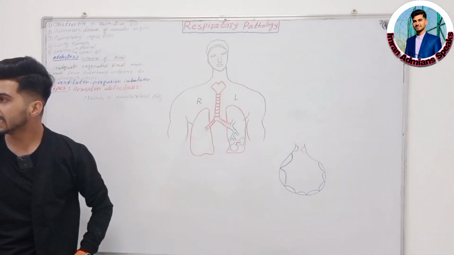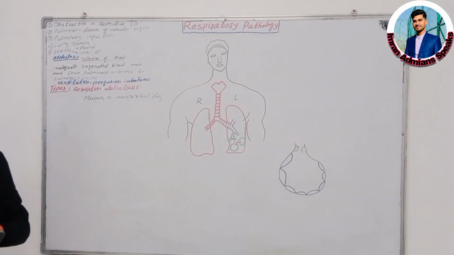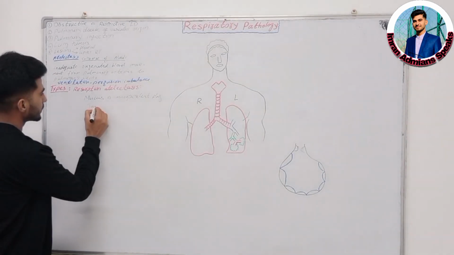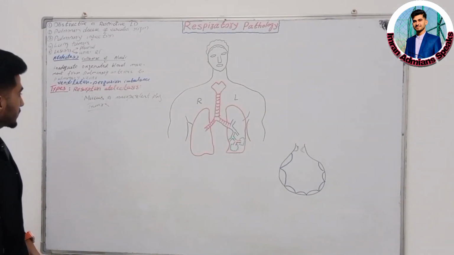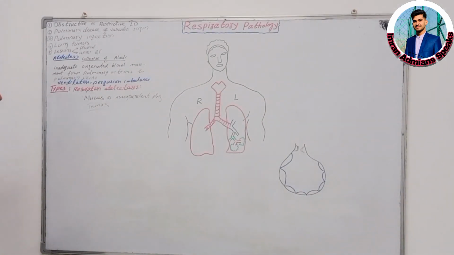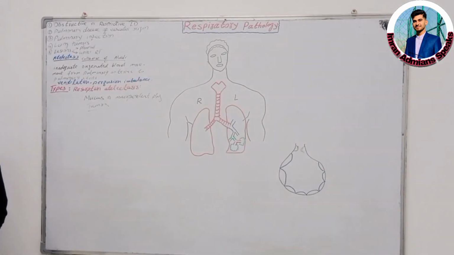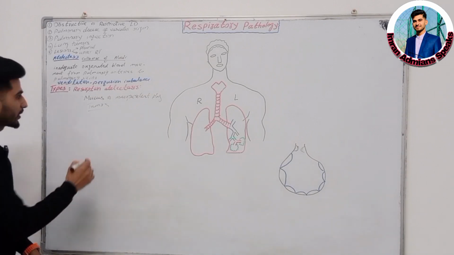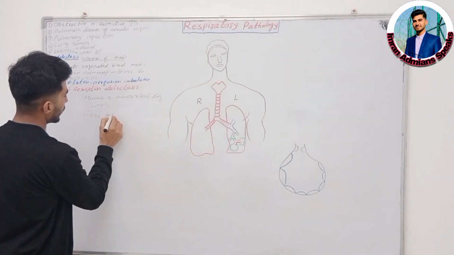And during what condition does this happen? During mucus or mucopurulent plug formation, or maybe any tumor formation in the alveoli. And we will discuss in which disease the mucopurulent plug is formed: chronic bronchitis.